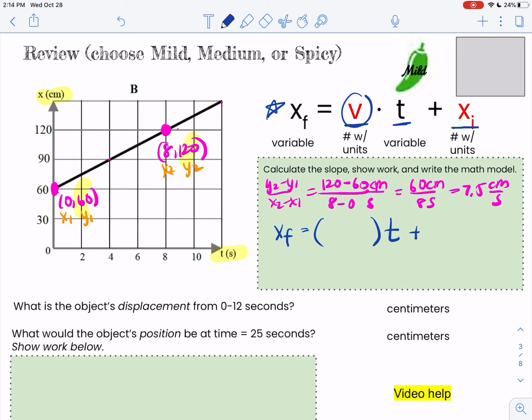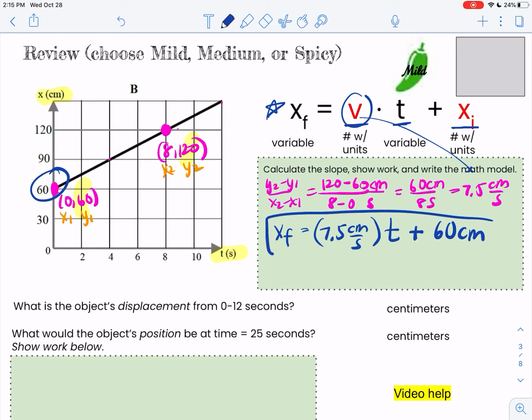The velocity is what you just calculated, 7.5 centimeters per second, plus, remember the initial position, that is the position when the time is 0. In this case, at 0, I can see that the position is 60, so that's going to be plus 60 centimeters. So that is what my math model is going to look like.